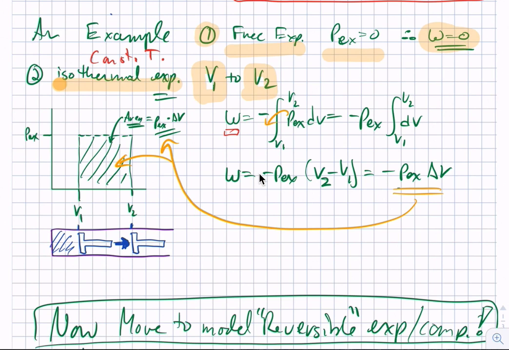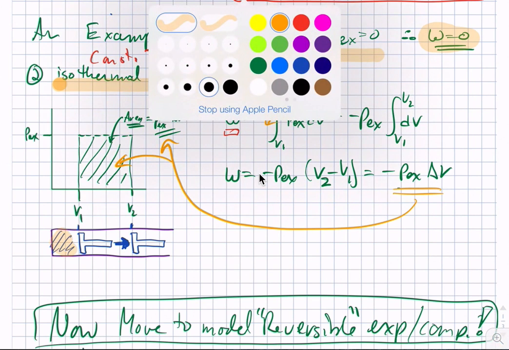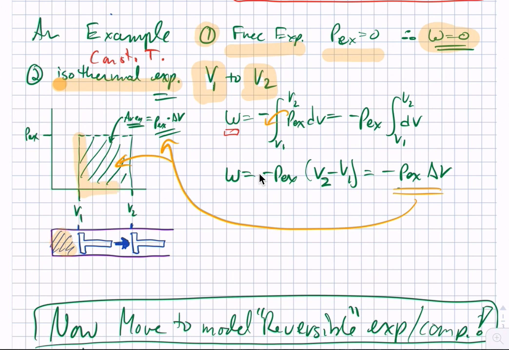So if we were to take an example in this picture to the left, or the sketch, and we had a gas in the cylinder and the piston's at V1, and if that gas is allowed to push the piston back to a position such that the volume is now V2, you can see the shaded area up here going from V1 to V2 and pushing against an external pressure PEX.